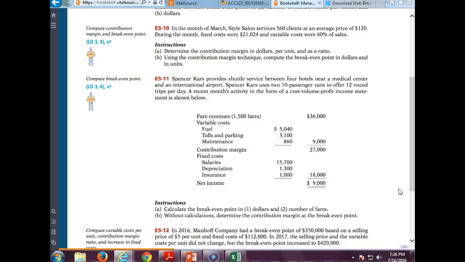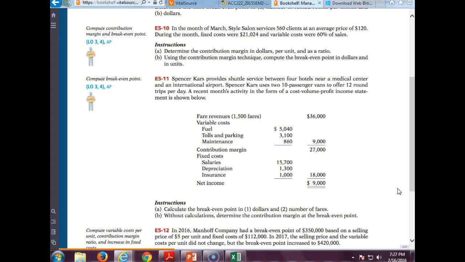Okay? How are we going to do that? What's the fare revenue? $36,000 divided by how many fares? 1,500. How would we figure out what that is per fare? What's the cost they charge per fare? $24 per fare, right?